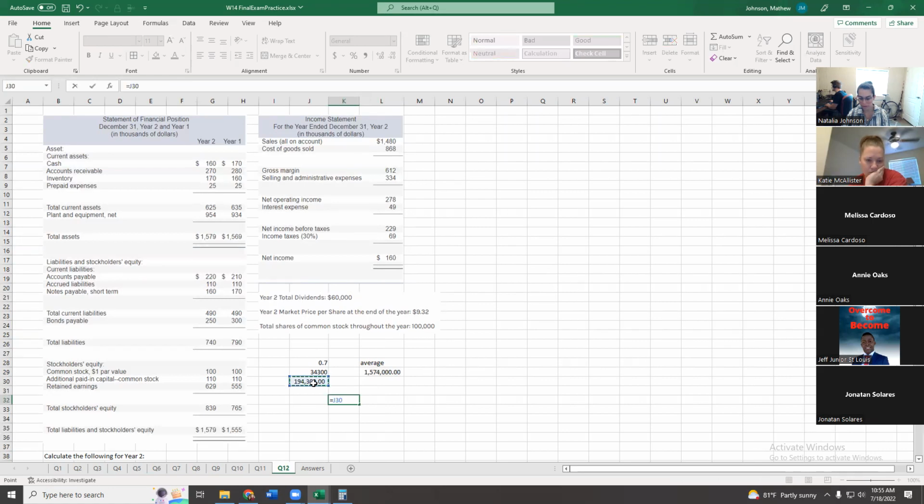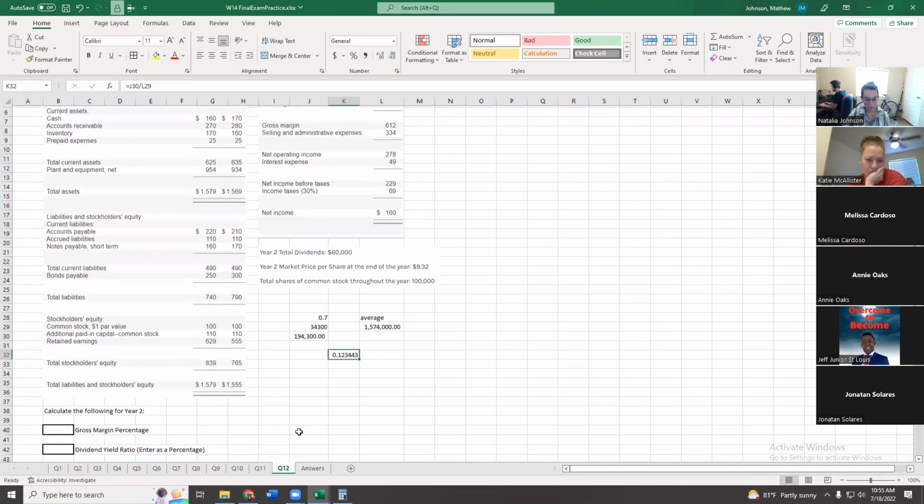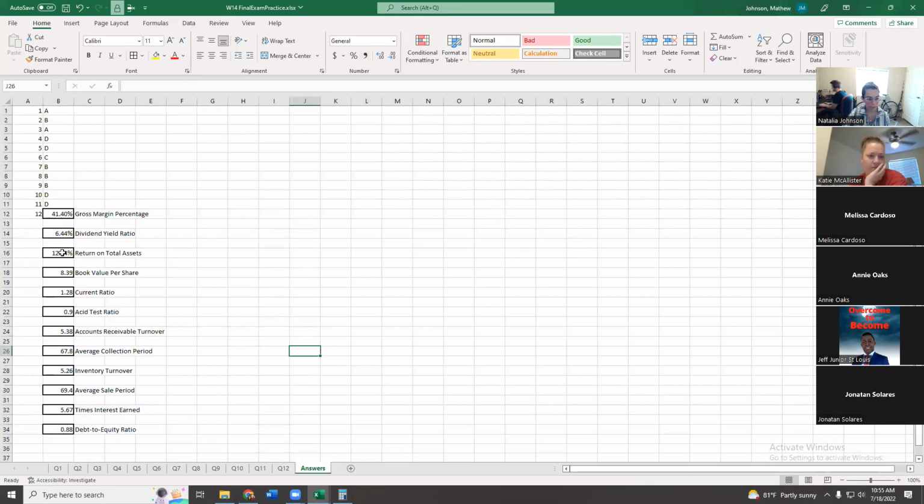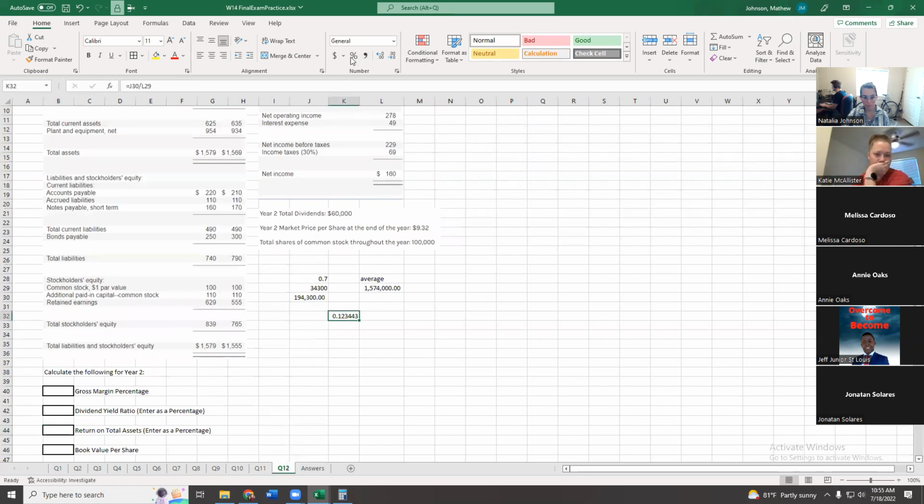So we need to divide these two. So the ratio is 0.1234, which is 12.34%. You can put it as a percentage. Thank you.